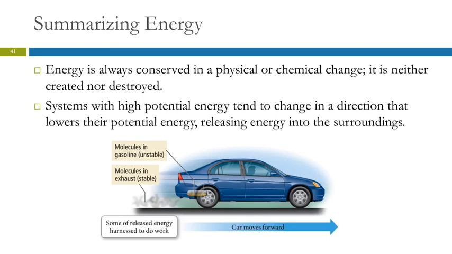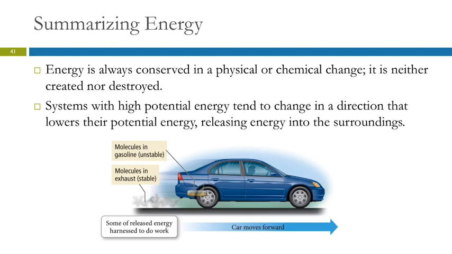Now, that does not happen with 100% efficiency. What happens to the engine as the car runs? It gets warm, right? In fact, it gets downright hot. You can easily burn yourself touching an engine that's been running for a while. Why is it hot? Because in the transformation of energy from the chemical potential energy to the kinetic energy movement of the car, some of the energy is lost. It's lost in terms of not being useful anymore, but it is still there.